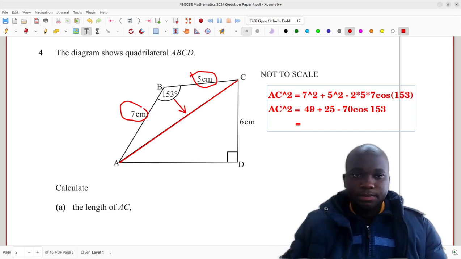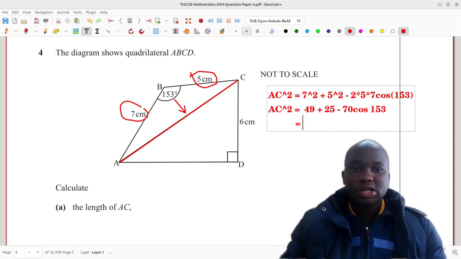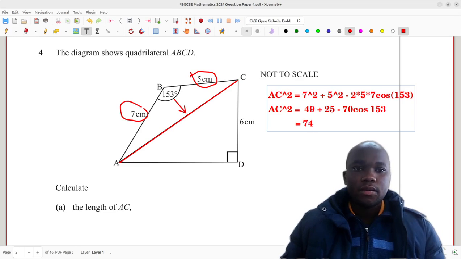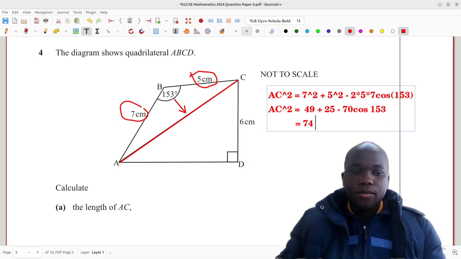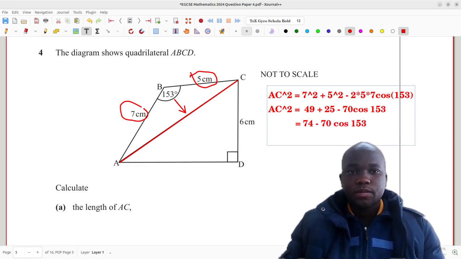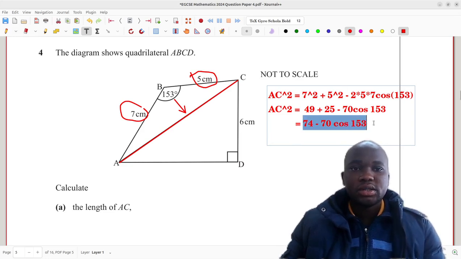Then from there, 49 plus 25 is going to give you 74 minus 70 cos 153. Now let's use a calculator for that.